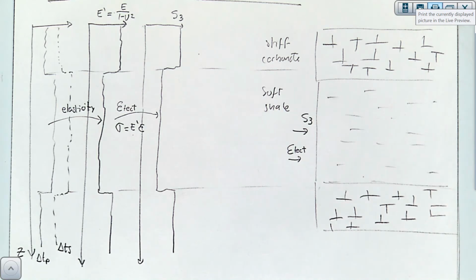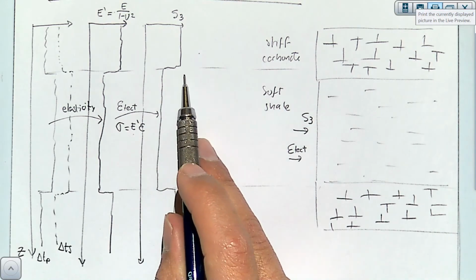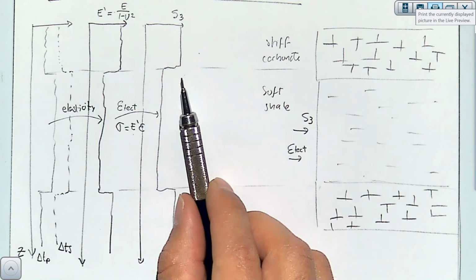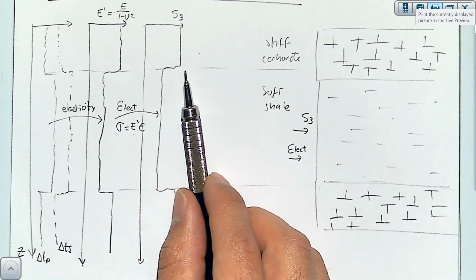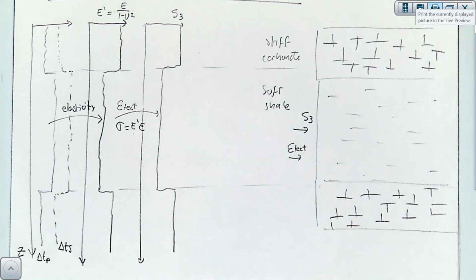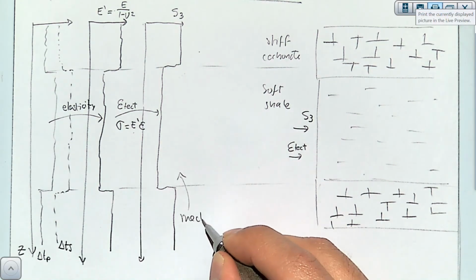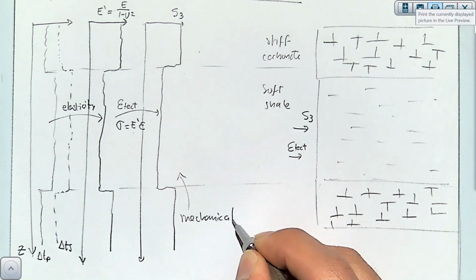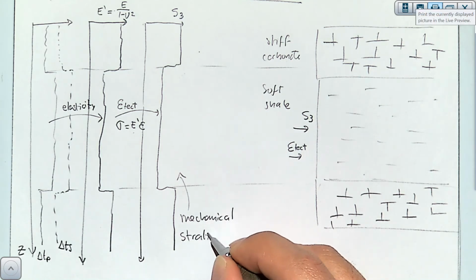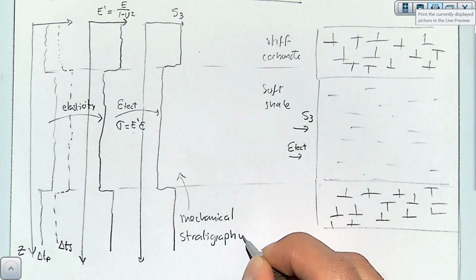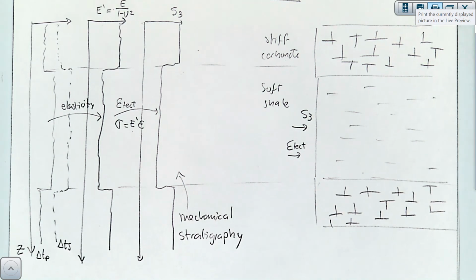Now, as a result, I'm going to have a variation of minimum horizontal stress with depth. And this is something which is called mechanical stratigraphy, and it also involves the variations of the properties of the rock.